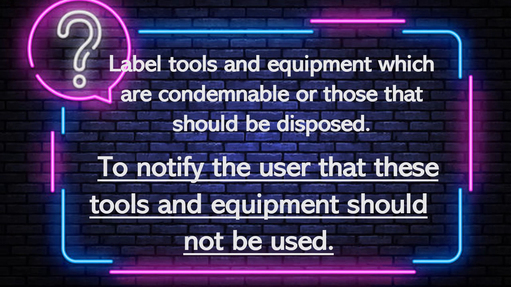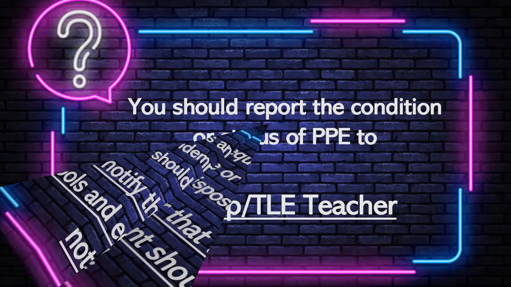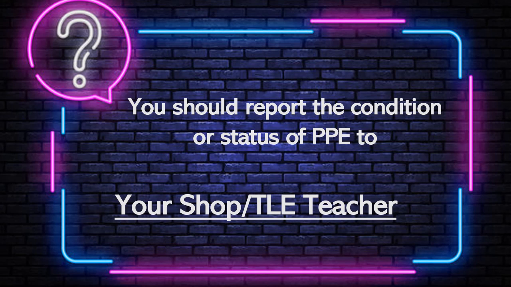Label tools and equipment which are condemnable or those that should be disposed, to notify the user that these tools and equipment should not be used. You should report the condition or status of the PPE or personal protective equipment to your shop teacher or your TLE teacher.